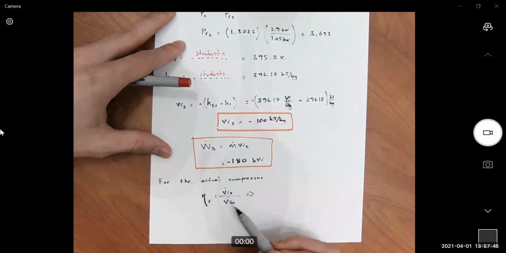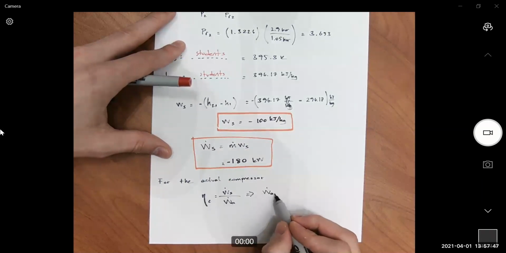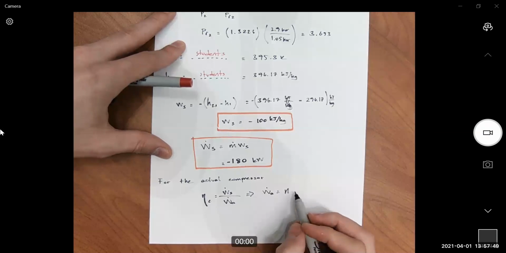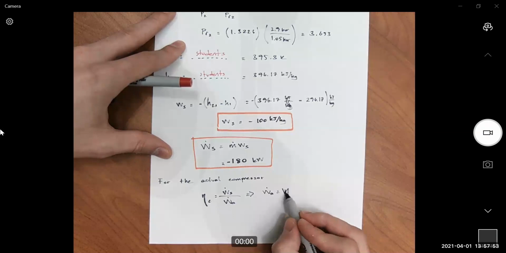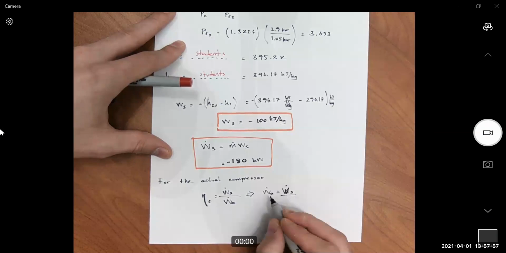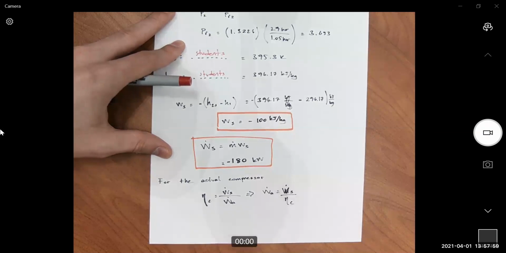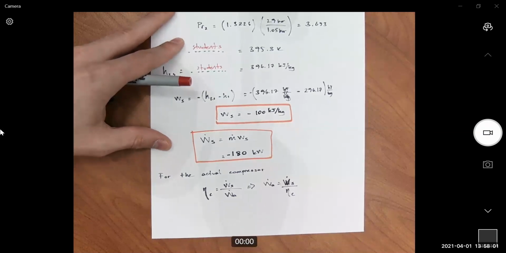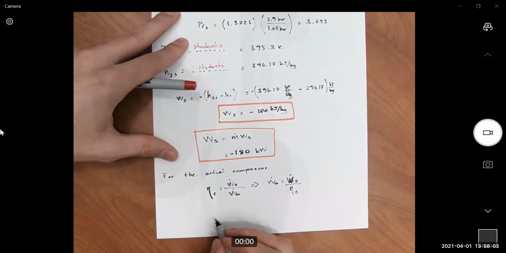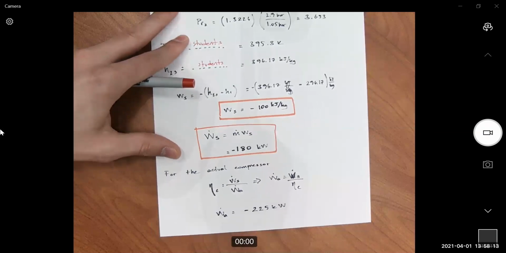I can find my actual work as ideal work divided by the adiabatic efficiency of the compressor. Actual work will be minus 225 kilowatts.